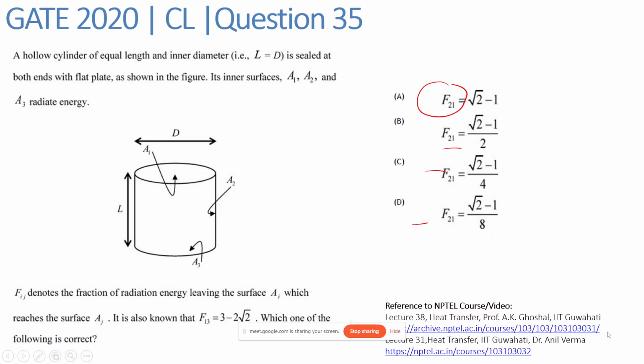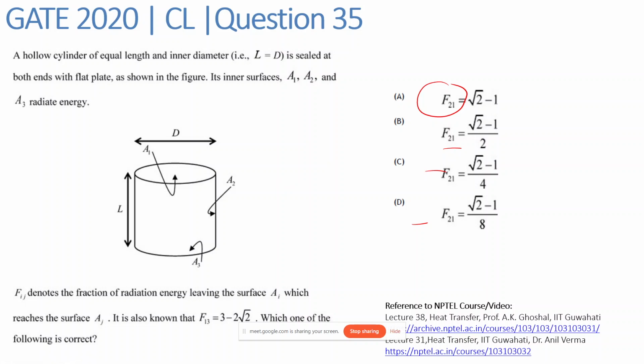Here you will find what a view factor is and what the basic laws are that you need to solve these questions. You need to remember the additivity rule and the reciprocity rule for questions related to the view factor. The additivity rule means that the summation of Fij will always equal 1.